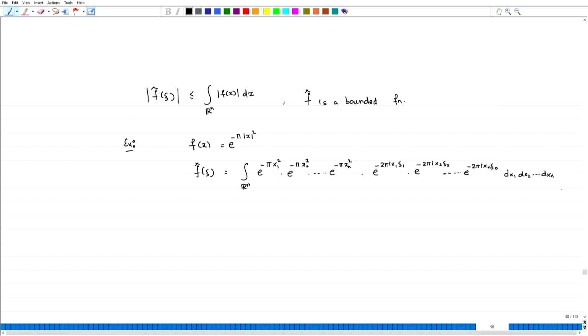This is the Riemann integration, and here this R^n is n copies of R.